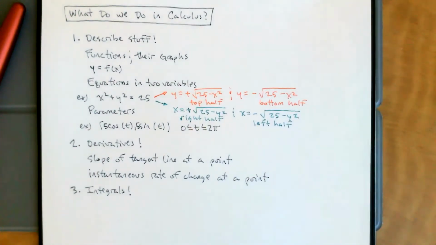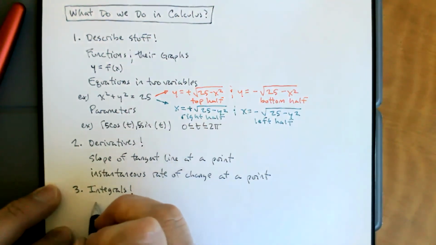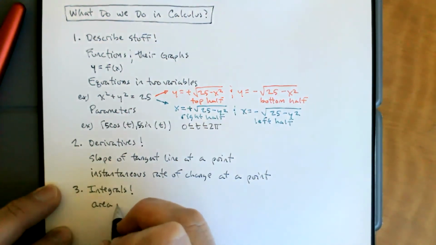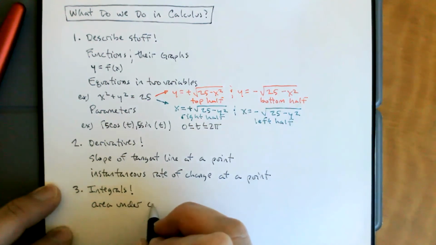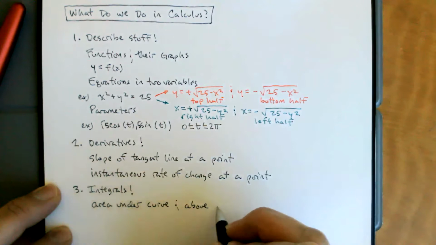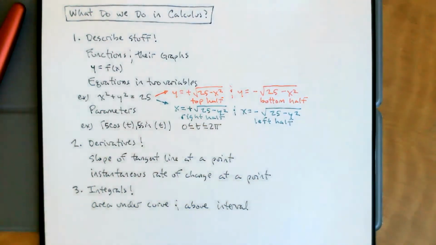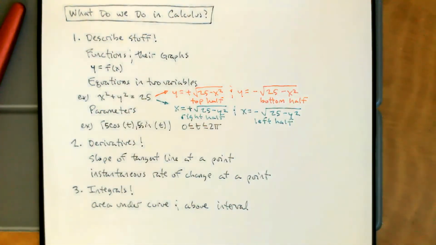When we think about integrals, we think of the area under the curve, or we can think of the integral of a rate of change as being the total change. I want to add "above an interval" to the area under a curve.